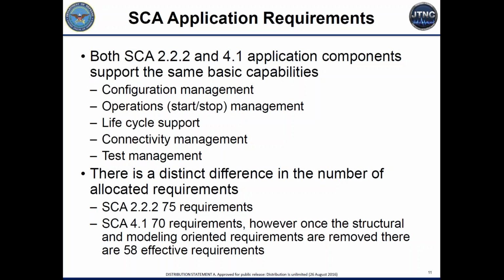So a 4.1 resource does not do anything fundamentally different from a 2.2 application component. When we compare the requirements, and these are all rough numbers, in 2.2 there are about 75 requirements allocated to each application component. When you look at the raw count in 4.1, there are about 70 requirements.